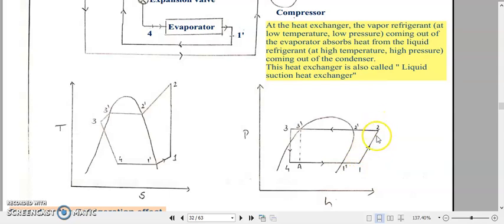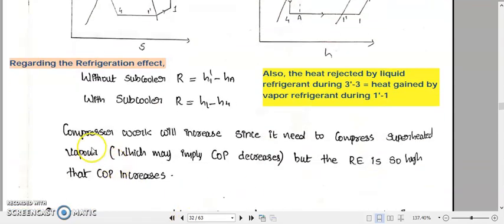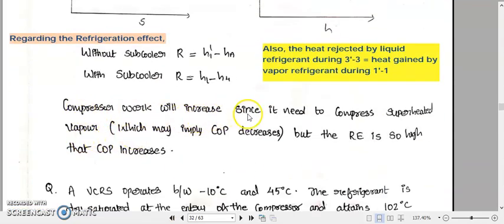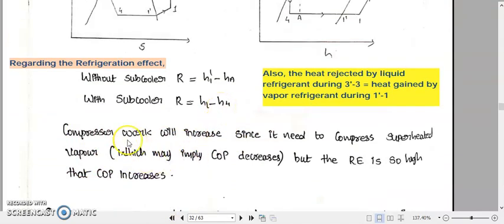It is difficult to compress a superheated form of the refrigerant or any material, so definitely the compressor work will be increasing.